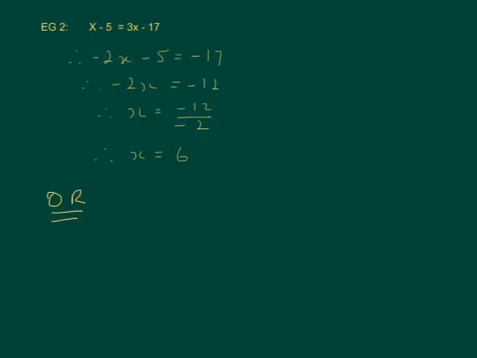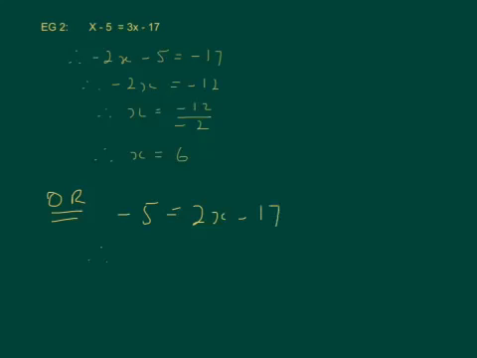Okay, some people like to have a positive x term in their equation, but I'm not too fussed. So what we can do is subtract x from both sides, and what we get in that case is the following. Negative 5 equals 3x take x is 2x. Remember, I'm subtracting 1x from both sides, minus 17.